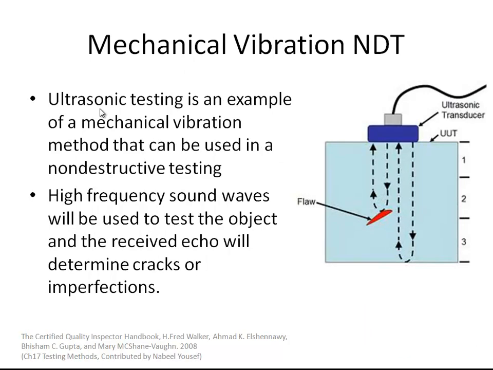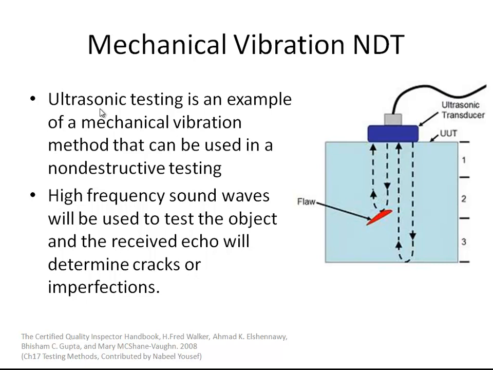As an example of mechanical vibration, we have the ultrasonic testing, which is a method that can be used in a non-destructive testing environment. It uses high frequency sound waves that are sent through the object, and the received echo will determine cracks or imperfections in the material or the object that we are testing.